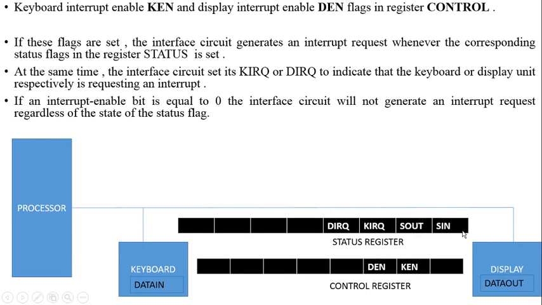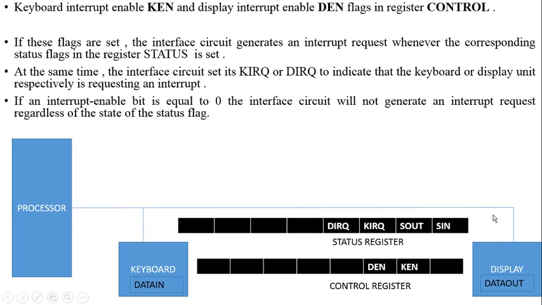Okay, and also, after completing all the display activities, the display unit is ready to display a new value, so it can generate an interrupt request. Before generating an interrupt request, the display unit checks the value of DEN. Here it is 0.